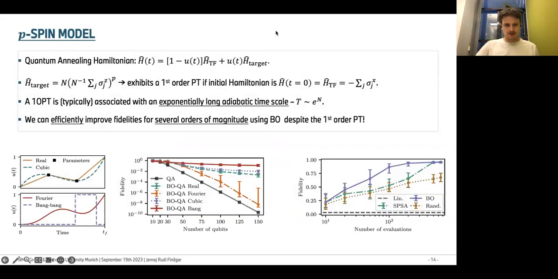And first, I want to talk about our results on a traditionally well-studied spin system, which is called the P-spin model. So the P-spin model comprises all-to-all p-body terms, so sigma z terms.